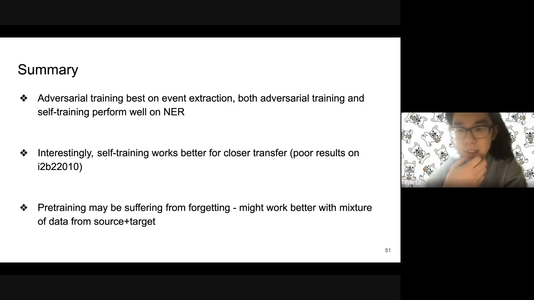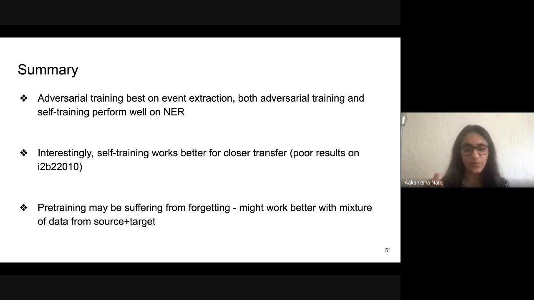Yeah, that's a really good question, and that's exactly what I want to poke at a little bit more. One thought I have is whether we can define some sort of distance between the source and target domains, and then see whether that correlates with performance increase in the different techniques that I tried out. I think there was a recent survey last year, I don't remember where, that had a huge summary of the different techniques you can use to measure differences between source and target distributions in domain adaptation.